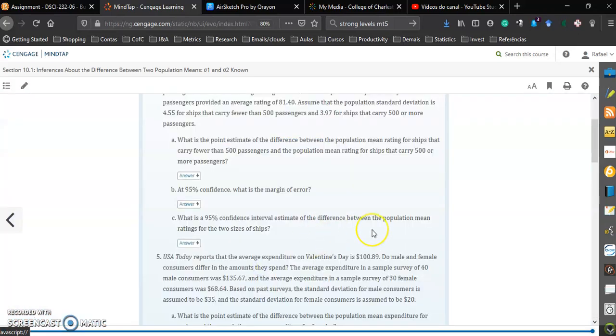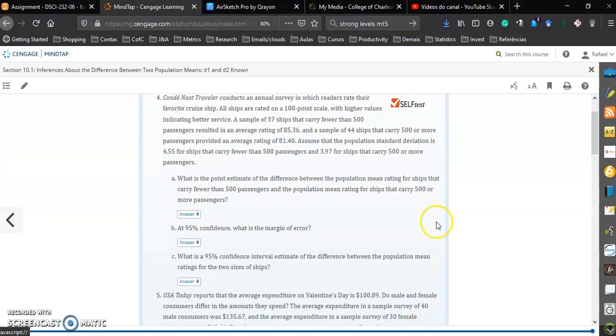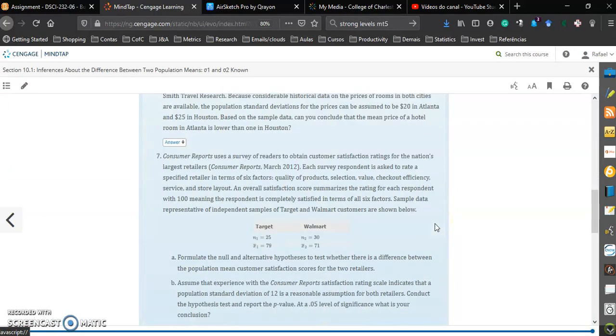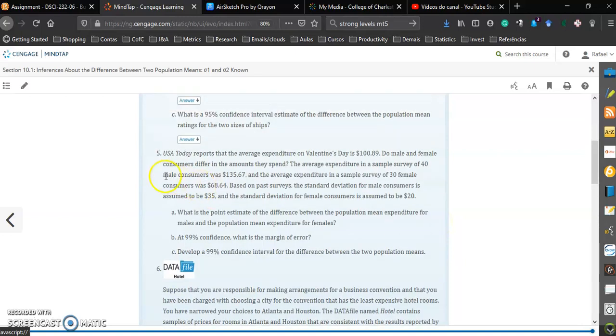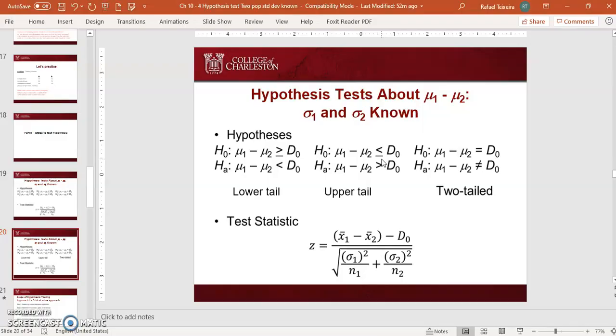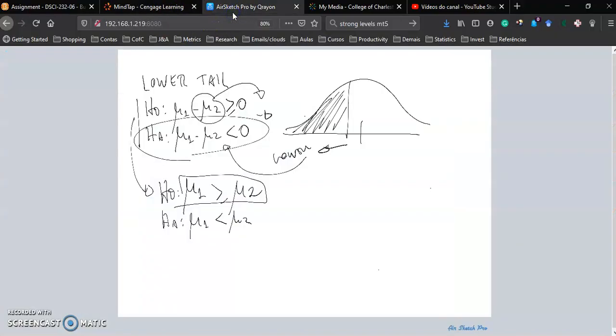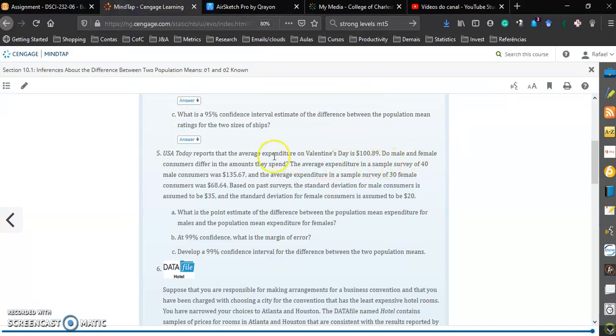Let's take a look at some applications, so let me get a short problem. Let's use this one. USA Today reports that the average expenditure on Valentine's Day is 189. Let's take note about that. The mean is 189. Do male and female consumers differ in the amount they spend?